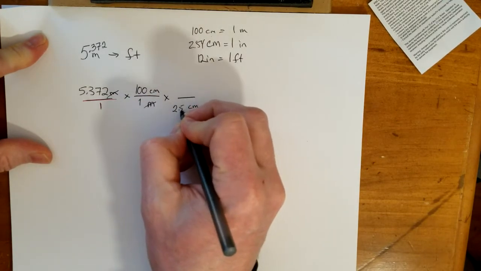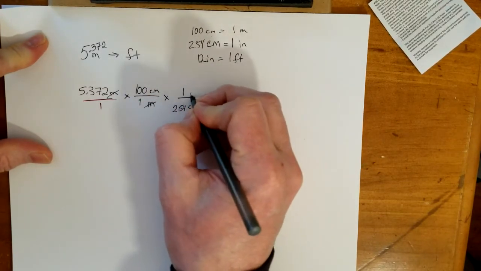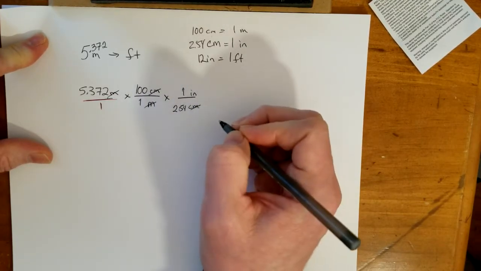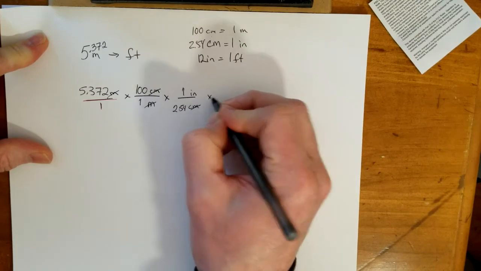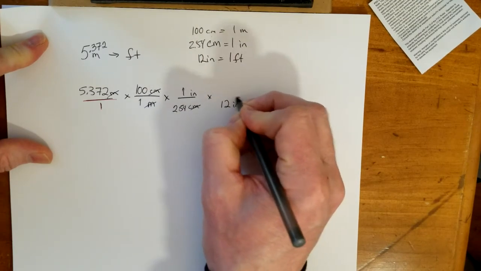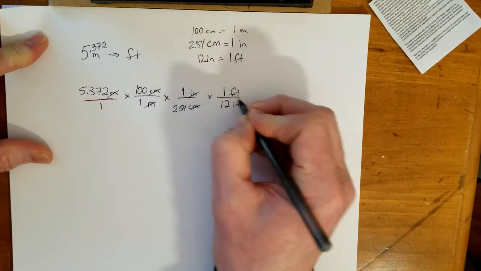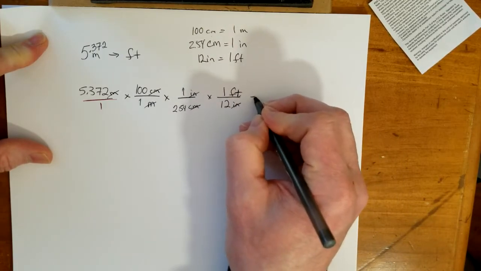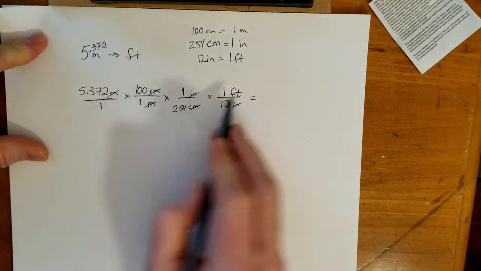I'll put 2.54 centimeters, 1 inch. The centimeters will go away. Now I have inches to feet, so times 12 inches, 1 foot. And so all my units have canceled out except for feet.